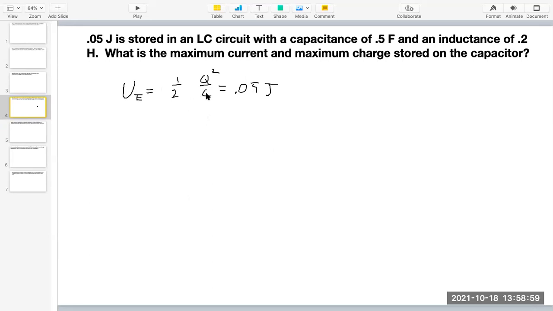So multiplying both sides by 2 times the capacitance, 0.1, and our capacitance is 0.5 farads. And for this, I got 0.222.